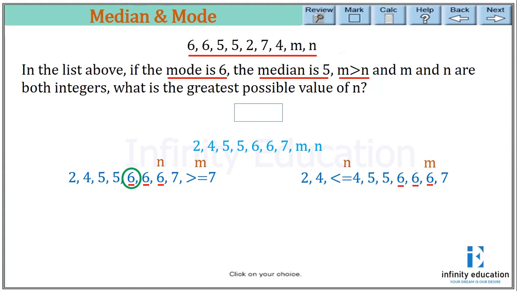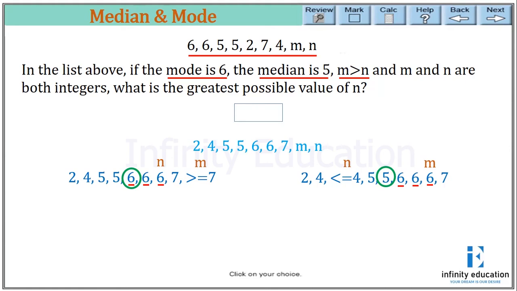So that's why the value for N cannot be 5. It has to be lesser than or equal to 4. Now let's see, if I take M equals 6 and N lesser than or equal to 4, yes, the median value should be 5, because 2, 4, if I'm considering 4 as N, then 5, 5. So the median has to be 5.